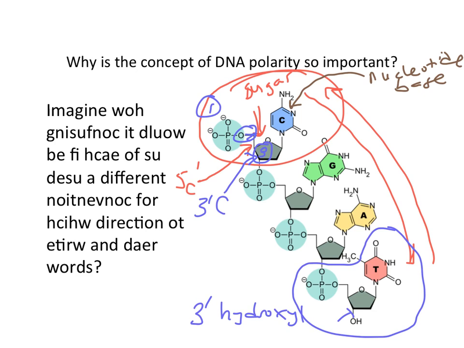So that one is at the 5' end. Here's the free 5' nucleotide. It's the one with the 5' phosphate that's hanging out there, unattached to anything else. 5' end. 3' end has that free hydroxyl group on the 3' carbon.